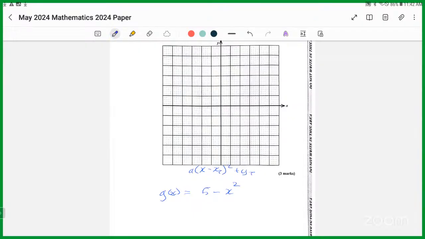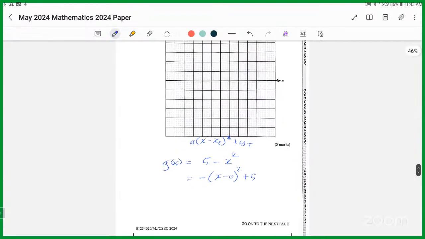And that's what we learned in class. So it's going to be x minus 0, it's just x squared alone, so it will become minus 1 times (x minus 0) squared. So it means that xt is 0, and it's going to be plus yt. Yt is 5.